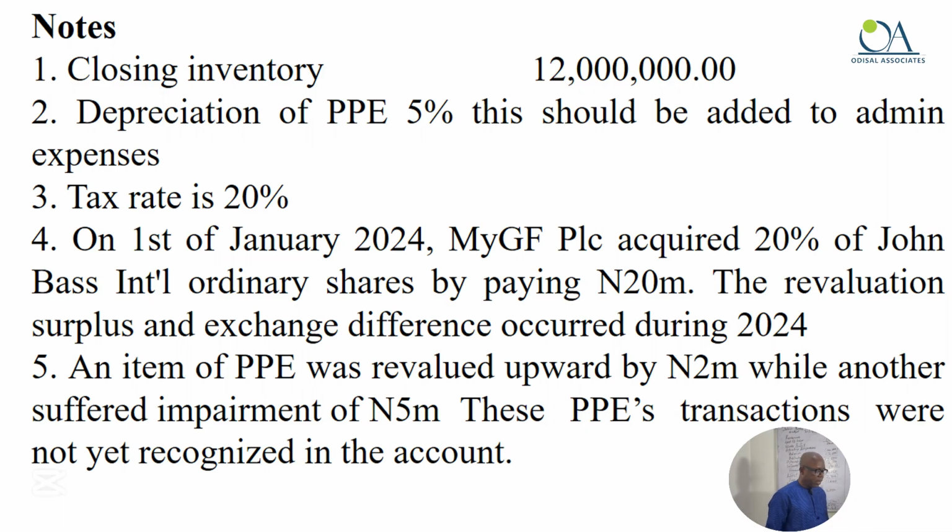On 1st of January 2024, my GF PLC acquired 20% of John Barr's International ordinary shares, paying 20 million naira. The revaluation difference and exchange difference occurred during 2024.